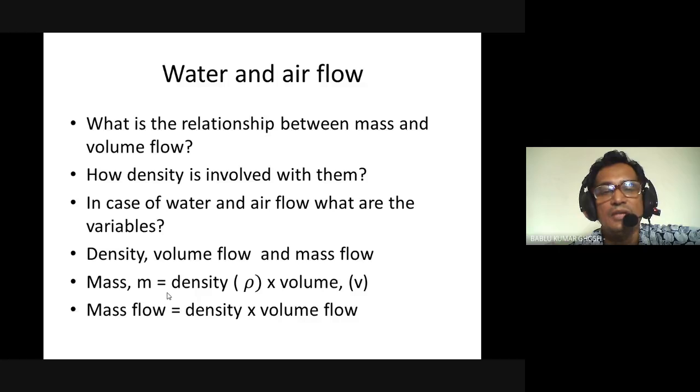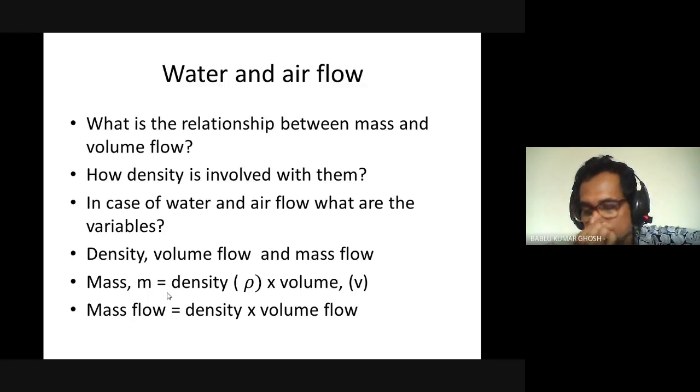Then how is density involved? Density is involved because we already discussed that air density is 1 kg per meter cube, whereas water density is 1000 kg per meter cube. So it is huge compared to air.